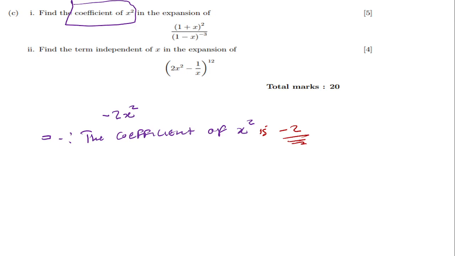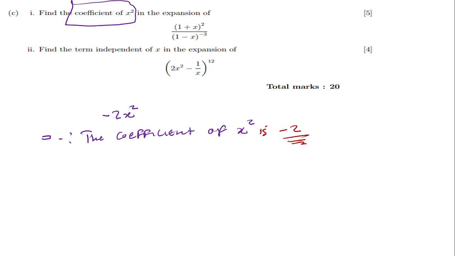Then from here, find the term independent of x. I think there is another tutorial video which was for revision. I think you should check it out. So here you have 2x squared minus 1 over x to the power 12. So the first thing you will need to identify is which one is a and which one is b.